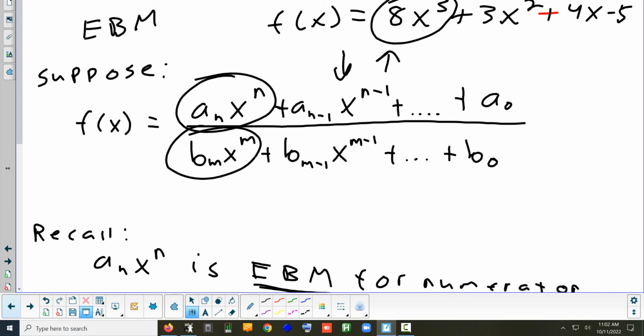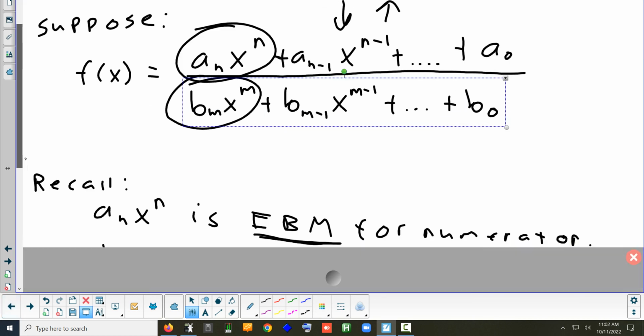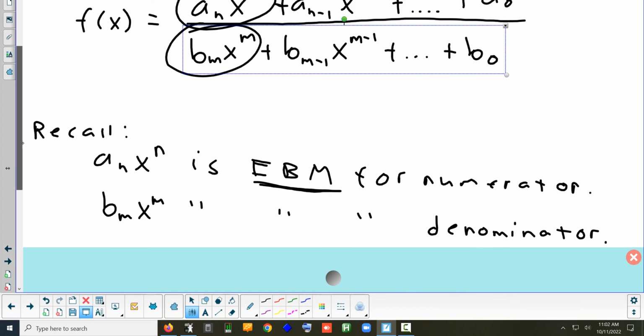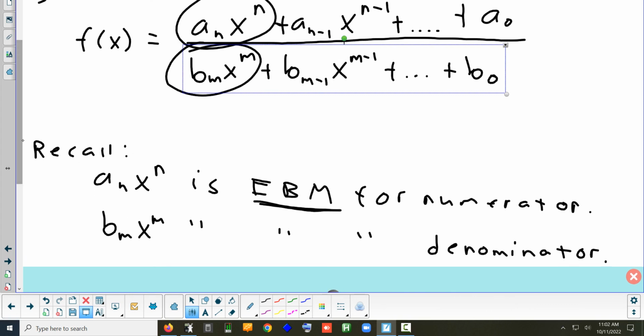Now, if you want the highest degree term for the whole thing, you take the EBM of the top, you take the EBM of the bottom, and you divide the two. So in the top, you have a sub n x to the n. In the bottom, b sub m x to the m.